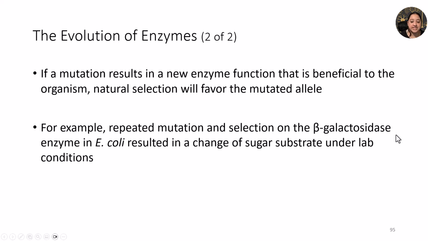So ends in -ase, it's an enzyme. Beta-galactosidase maybe works on a certain sugar called beta-galactose. And so repeated mutation and natural selection can change what the enzyme's substrate is.